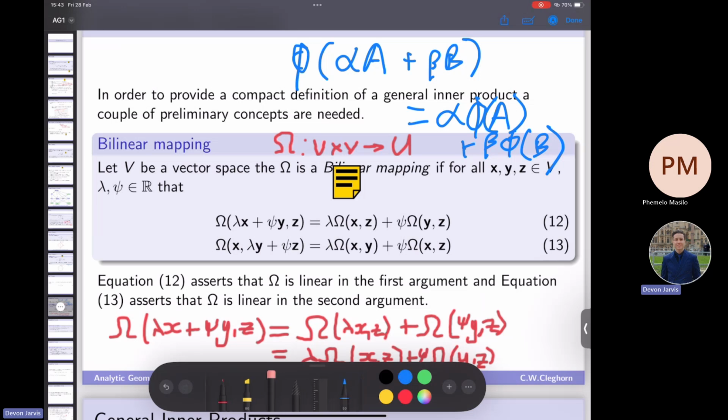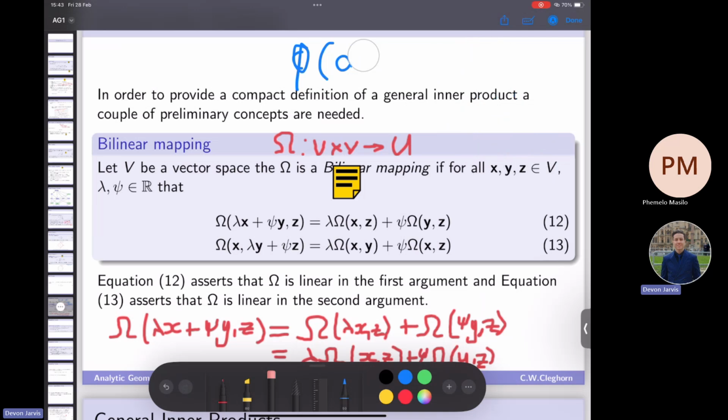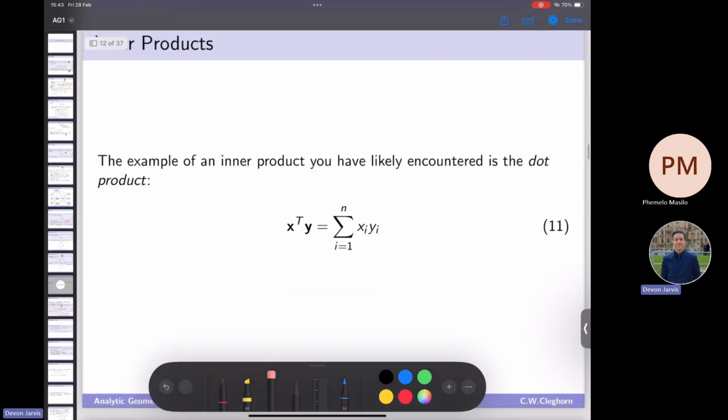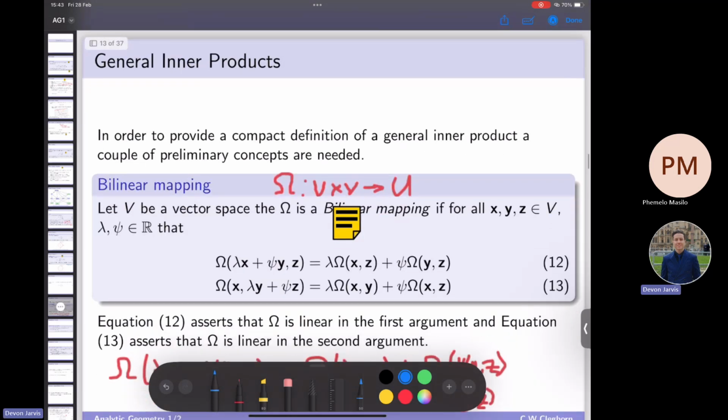This is the exact same thing, except now it's when I have two arguments to an operation. Two arguments, because as you will see, most of these things require two vectors to make a lot of sense. Okay, but importantly now, they are still linear with respect to both arguments individually.